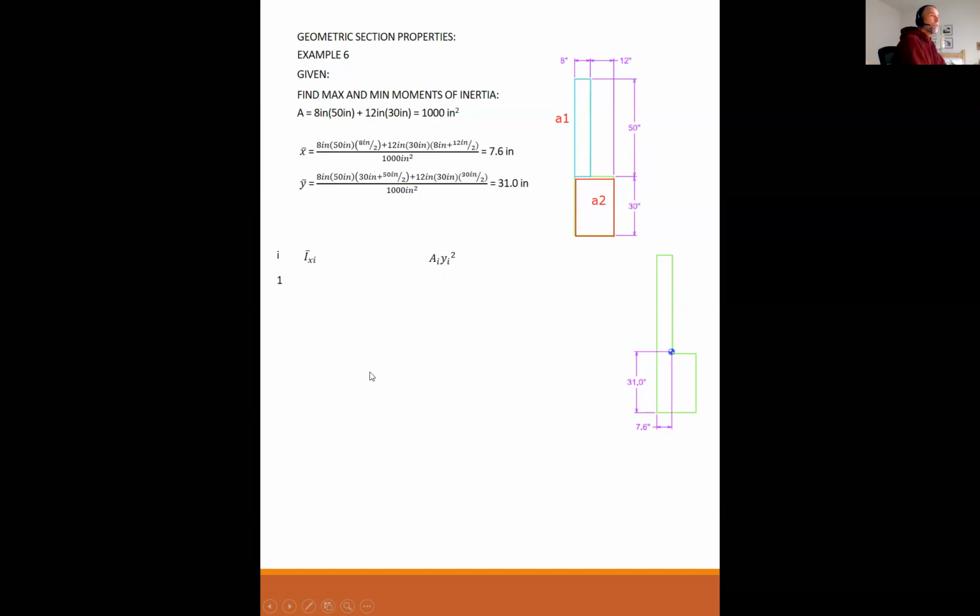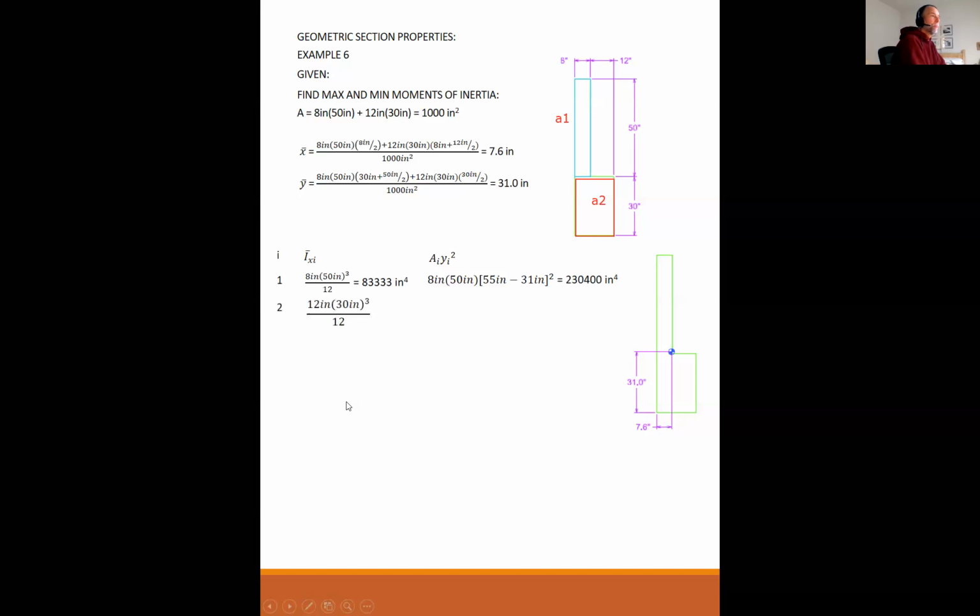So for part 1, I have 8 times 50 cubed over 12, which is 83,333. I've got 8 times 50 times (55 minus 31) squared, where 55 is 30 plus 25, which gives me 230,400.